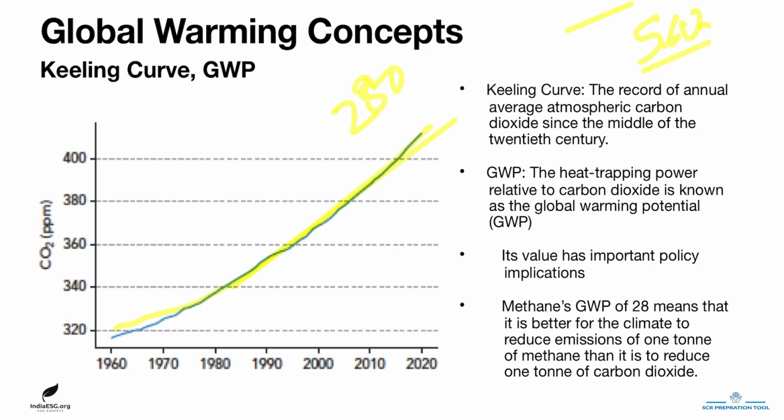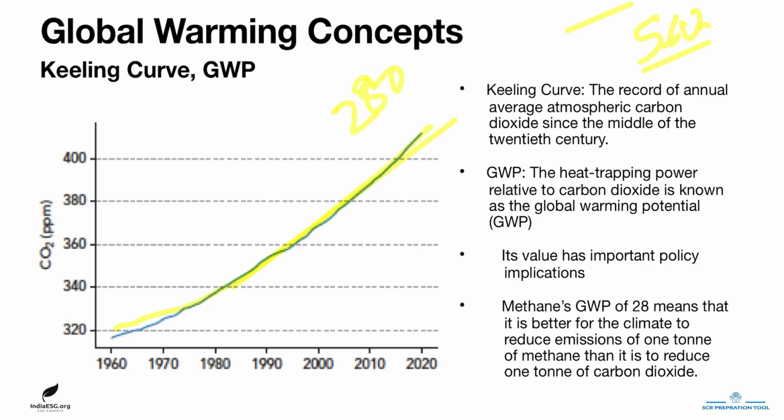So the heat trapping power relative to carbon dioxide is known as global warming potential, and its value has very important policy implications, because if we are able to reduce 1 kg of methane into the atmosphere, it will be equivalent to reducing 28 units of carbon dioxide. So it will reduce the equivalent amount of emission by 28 times that of carbon dioxide.